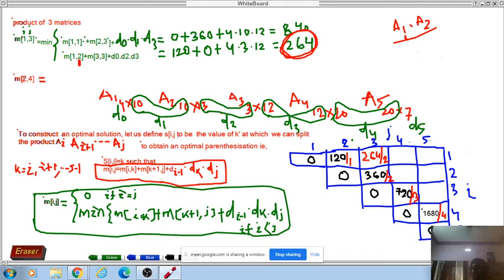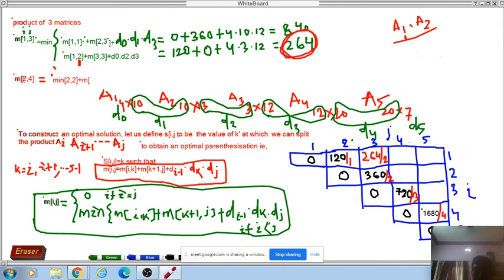So what will I write? Tell me. Anybody can help me? Tell me one by one. Who can tell me the first part? M of 2 2. Very good. M of 2 comma 2, plus M of 3 4.